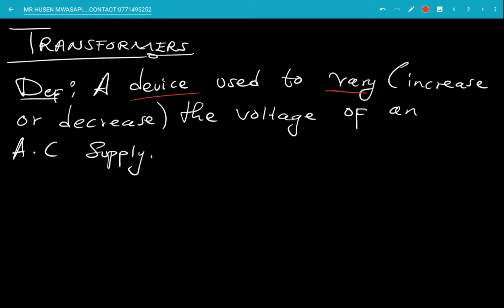AC stands for alternating current. So the amount of voltage that is received by the appliance will either increase or decrease depending on the load that is present. So be mindful that a transformer is simply a device used to vary the voltage of an AC supply, and as we just said, to increase or decrease the voltage of an AC supply.